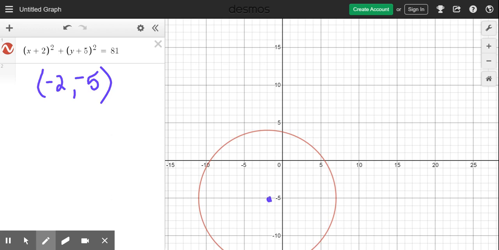Okay? So I hope this all made sense and you have a better understanding of where the formula comes from and why it's the formula of a circle.